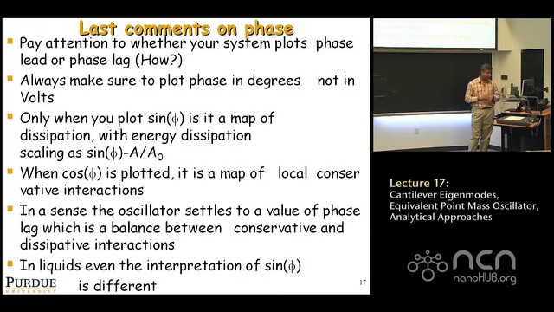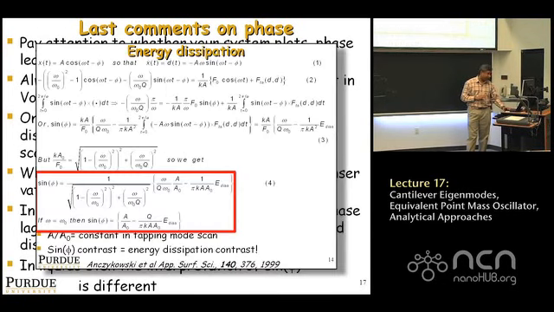Okay? Specifically, if you go back to this relationship up here, sine of phi equaling this, right? If I brought A over A0 to the left-hand side, then sine of phase minus A over A0 would be directly proportional to energy dissipation.